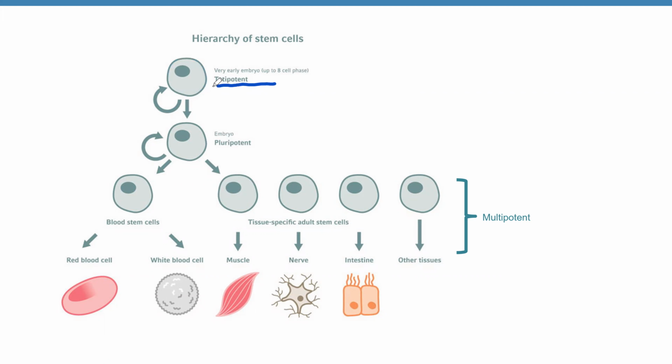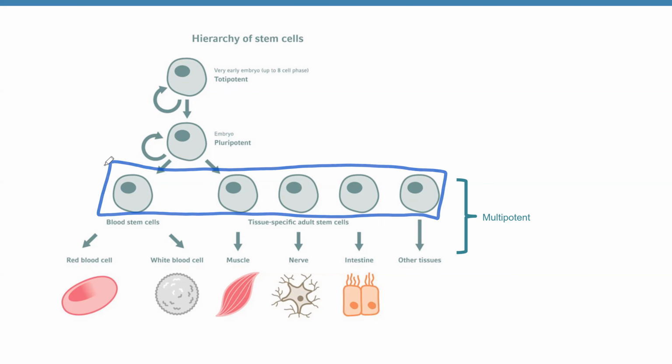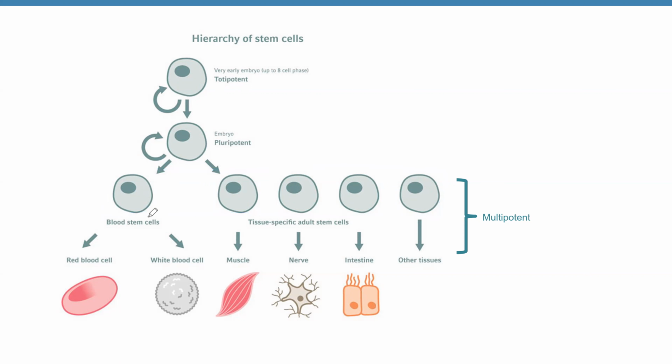Then when those early cells differentiate into pluripotent, they can still renew themselves and they can produce many other types of cells and tissues. So this one makes blood stem cells, tissue-specific adult stem cells, and some other cells.